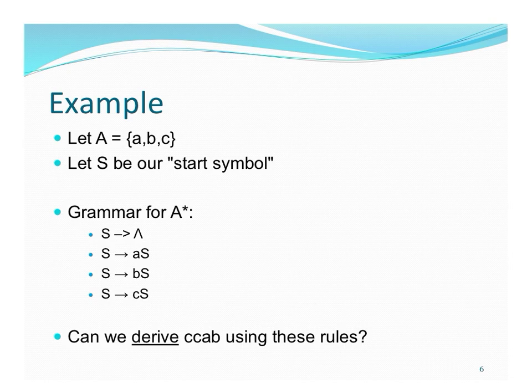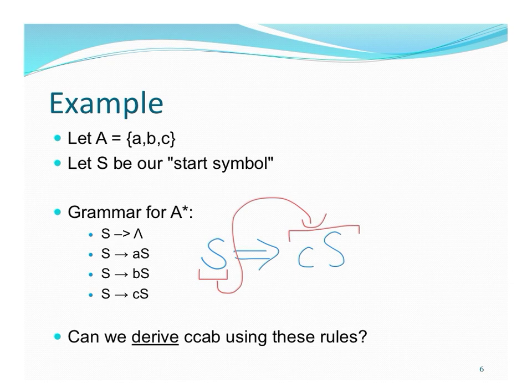So what I can do is say, if I start with S, you always start with your start symbol. From S, using this last rule here, I can derive, and we're going to use this double arrow, CS. So effectively, I took this single S and expanded it using one of the rules into CS.